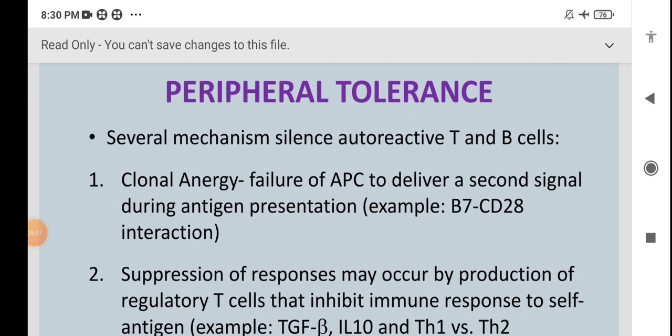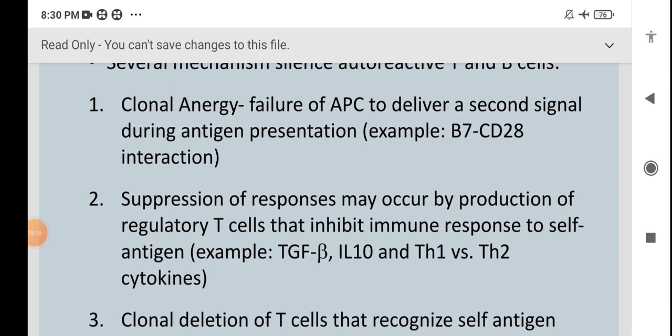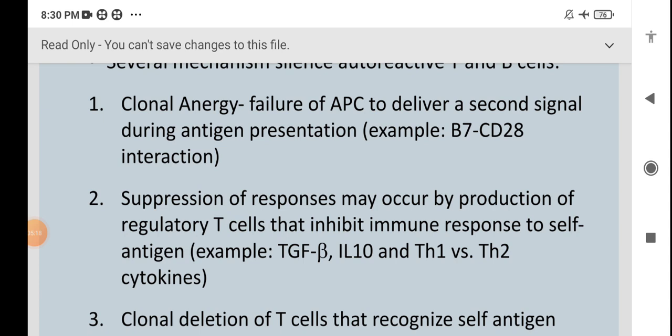Now coming to peripheral tolerance. Several mechanisms silence autoreactive T and B cells. Clonal anergy: failure of APC to deliver a second signal during antigen presentation, for example, B7 CD28 interaction.